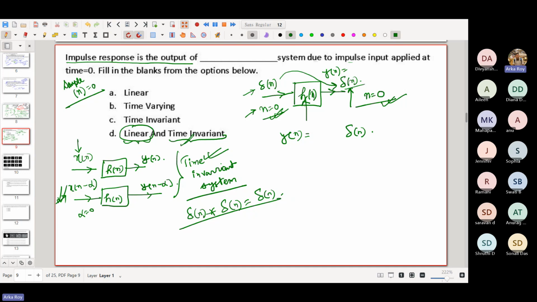If your system was a time varying system, your output might be shifted by a lagging or a leading phase. What does that mean? For example, if you give delta n as an input, you might get an output with a phase, n plus alpha or n minus alpha, coming over here.